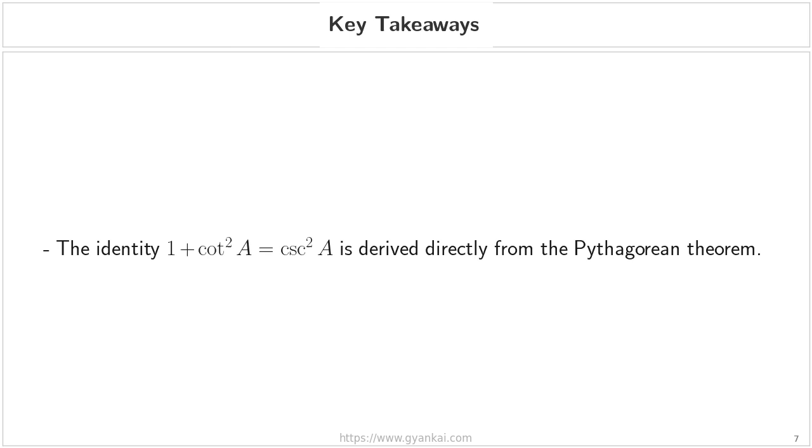Key takeaways. All right, let's take a moment to recap everything we have covered in this lesson to ensure the concept is clear. First, it is vital to remember that the identity, 1 plus cotangent squared of A equals cosecant squared of A, is not just a random formula. It is derived directly from the Pythagorean theorem that we know so well.